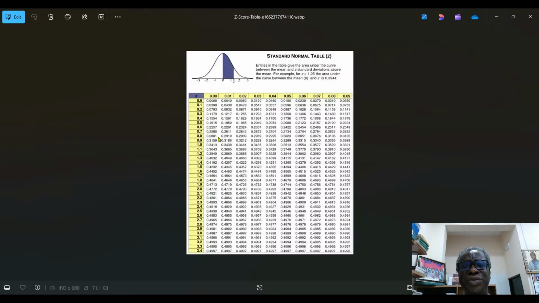While you can use it to read probability, you can also use it to read what the corresponding Z value will be. That is what is of interest to us at this moment. So in our case, remember we have our level of significance.